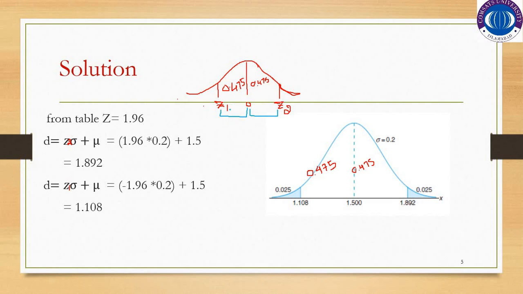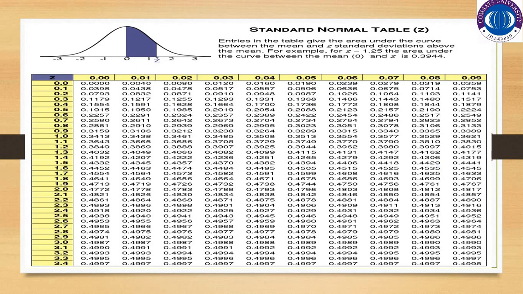Now we have to find this value z1. For this we will go to the table and go through the reverse, in the body of the table. We will look for 0.475 and see how close we get.